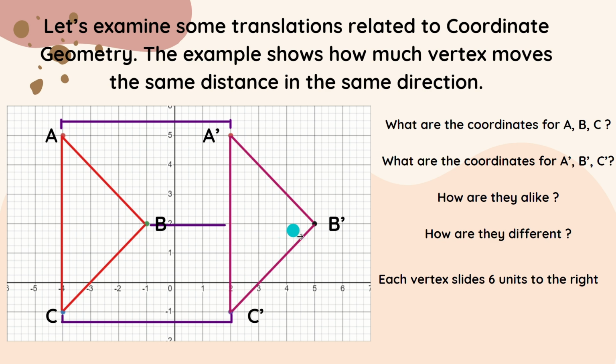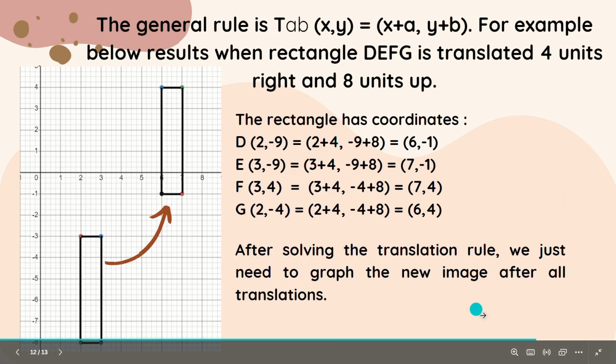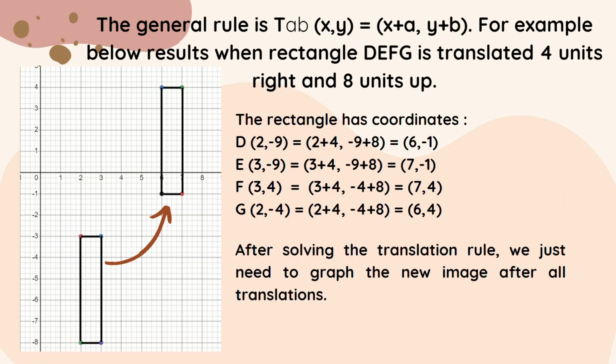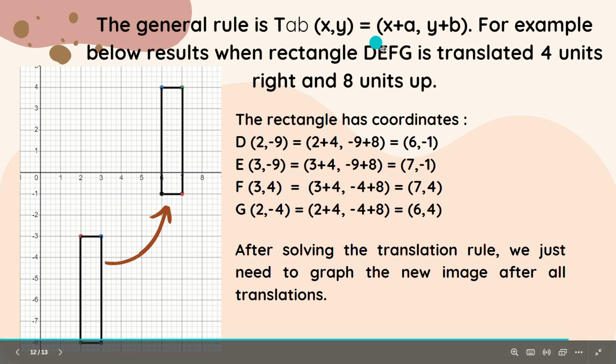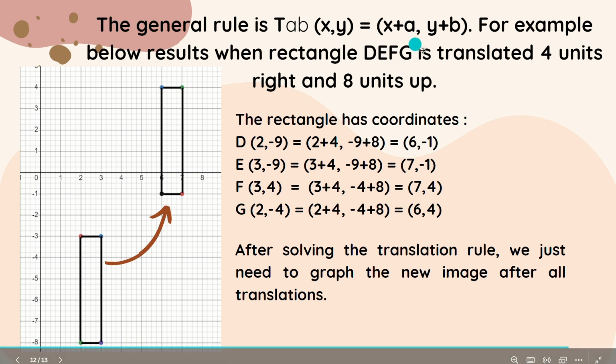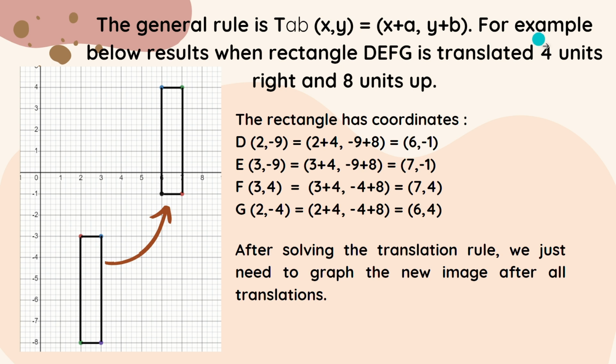Left to right. Okay. So next, the general rule is (x, y) becomes (x plus a, y plus b). For example, below, results when rectangle DEFG is translated 4 units right and 8 units up.